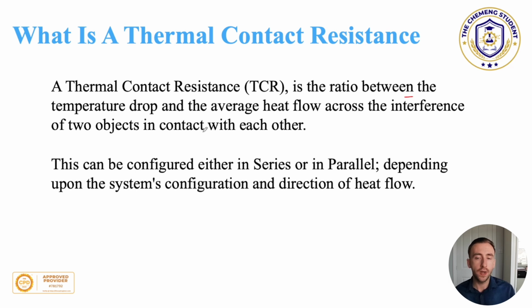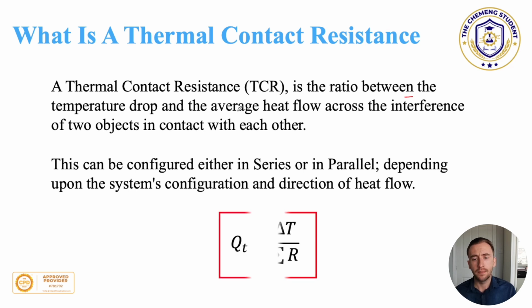Now, how we can express this usually is in the form of Q, so that is the average heat flow is equal to the change in the temperature divided by the summation of all the resistances. And so that would be our thermal contact resistance.